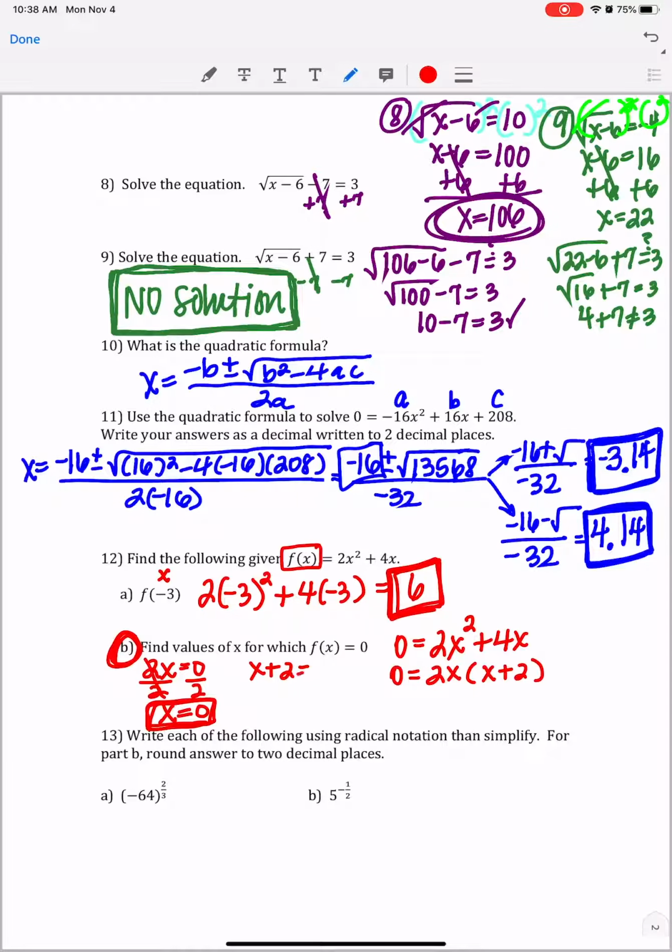Subtract by 2, and you get x equals negative 2. So those are your two answers. So that's another one that people miss very often. So study that problem.